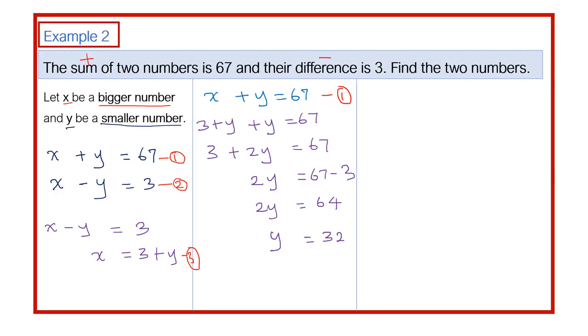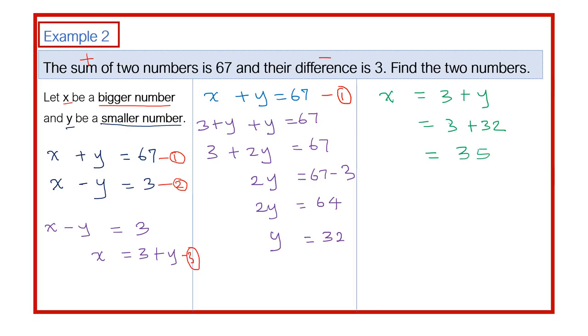Now, since we have got y, let us find x. Remember, we said that x equals 3 plus y. So that is 3 plus y, which is 32, and that is 35.